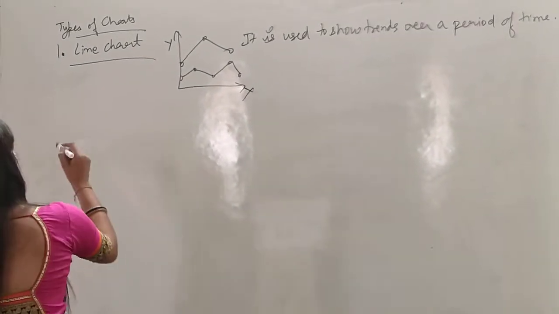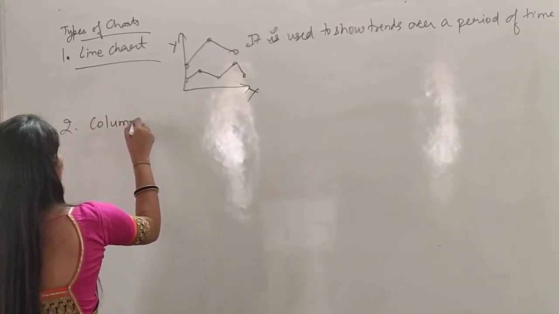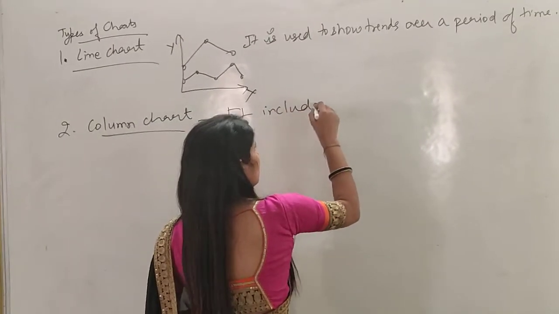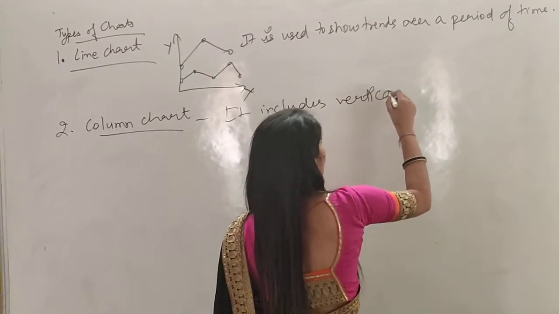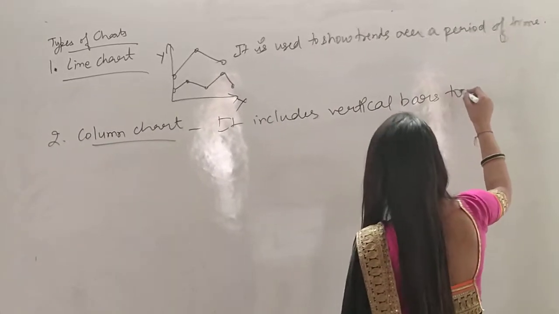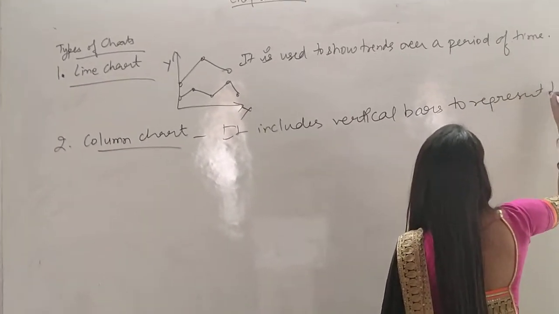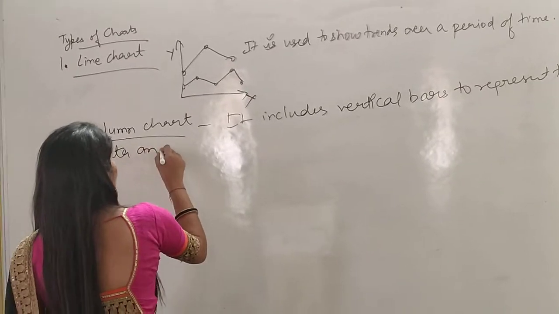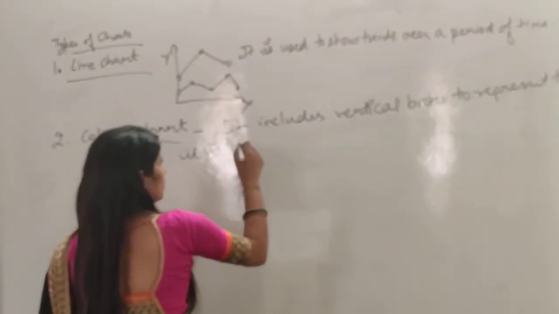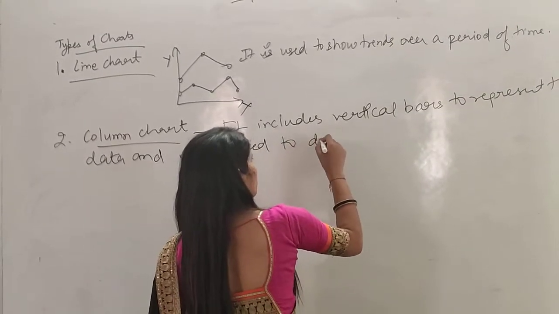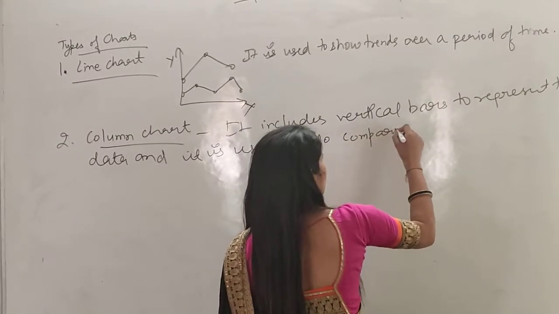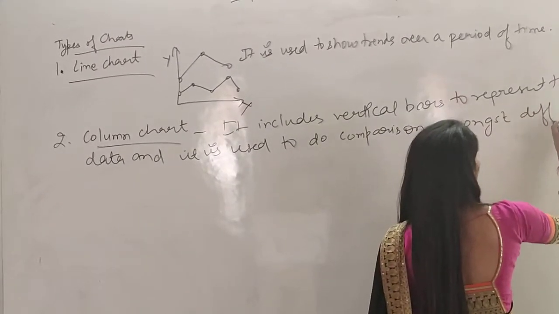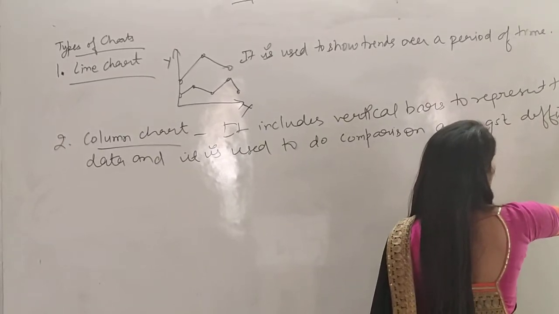So second is column chart. It includes vertical bars to represent the data, and it is used to do comparison amongst different items.